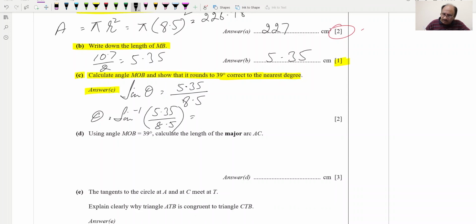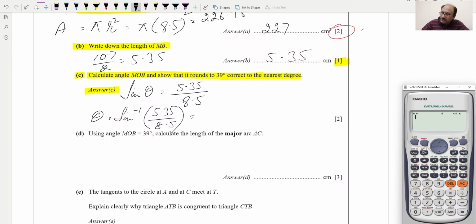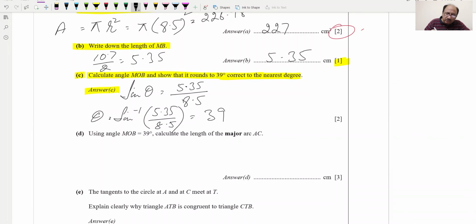This will be equal to shift sine of 5.35 divided by 8.5, bracket closed, and this is equal to 39. So this is the 39 degrees rounded answer, and this was a 2 mark question.